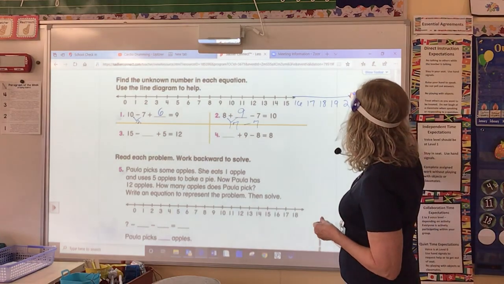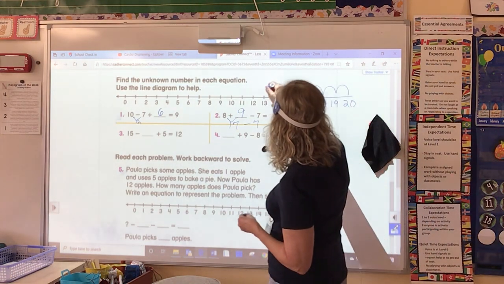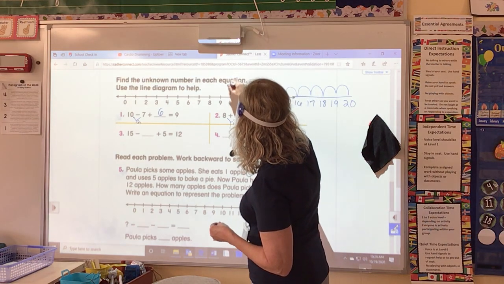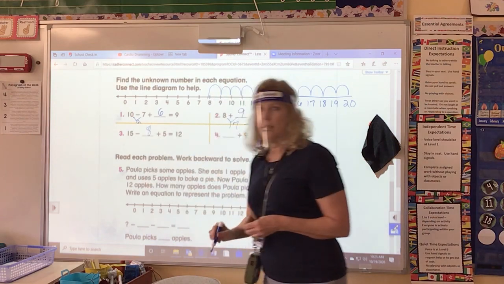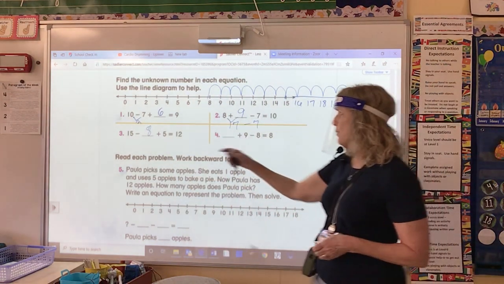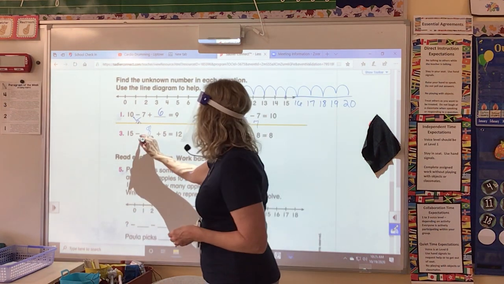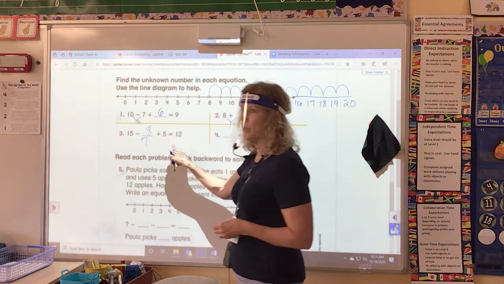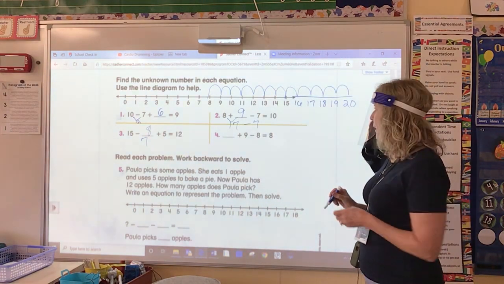So let's go back 12. 1, 2, 3, 4, 5, 6, 7, 8, 9, 10, 11, 12. So now let's see if we have it right. What is 15 minus 8? 7. Good job. And 7 plus 5 equals 12. There we go. We got it that time, right?